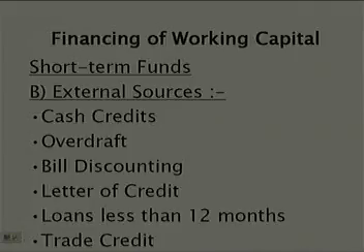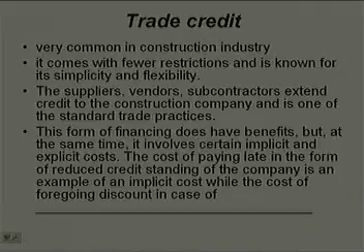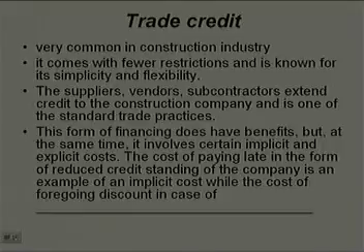And then in addition to this, you have trade credit. Each one of these, for short term financing sources as well as for long term financing sources, we will try to discuss in detail.